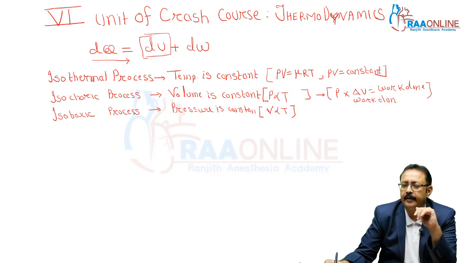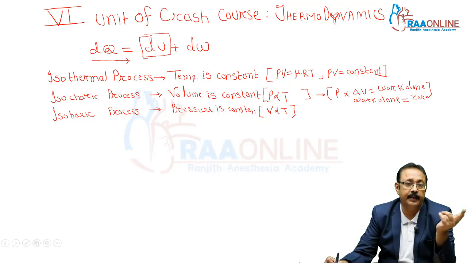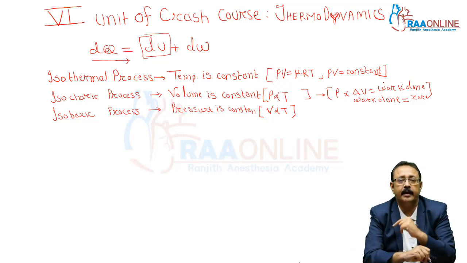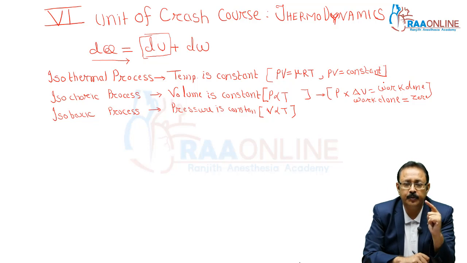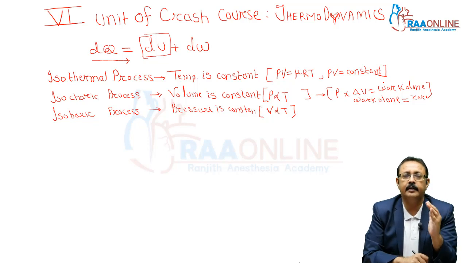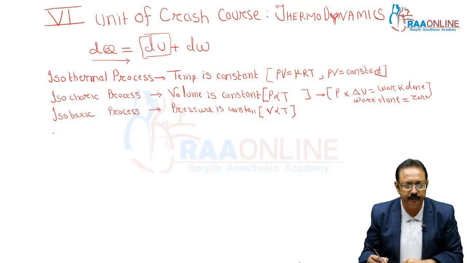It means if the process is isochoric and you are supplying heat energy to the system, the system will not do work. So what will happen with your supplied energy? It will be used in the change in internal energy. Means it will only increase the internal energy of the system.